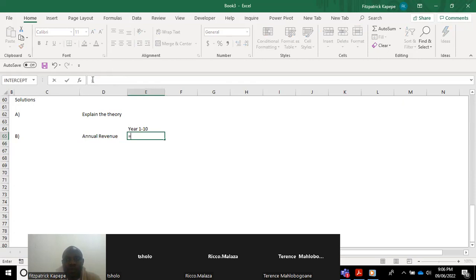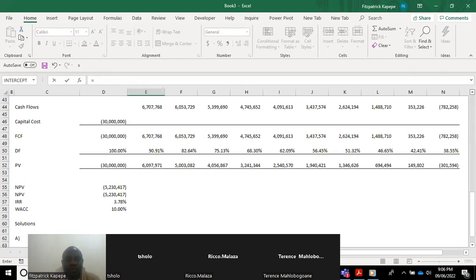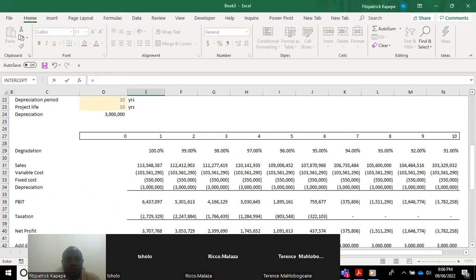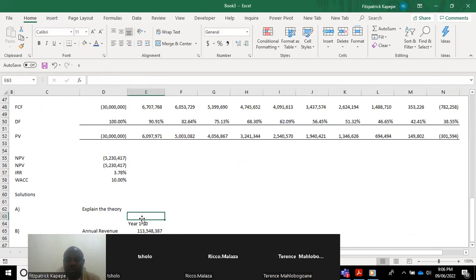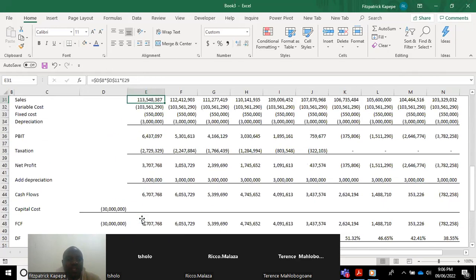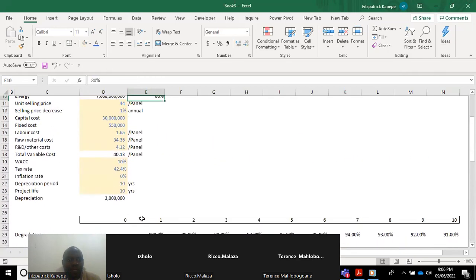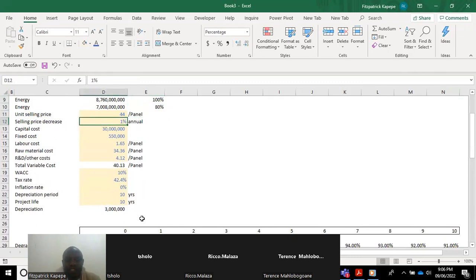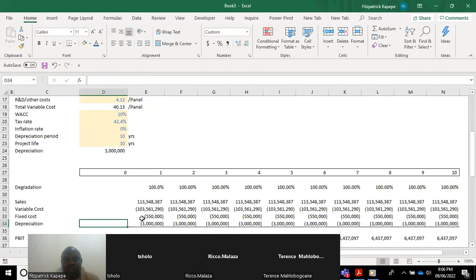So I'll pick what is in year 1 because it wasn't discounted. I'll pick this number. That is what will be in there, which I can test if I say there was no decrease on sales. We'll have similar numbers throughout.